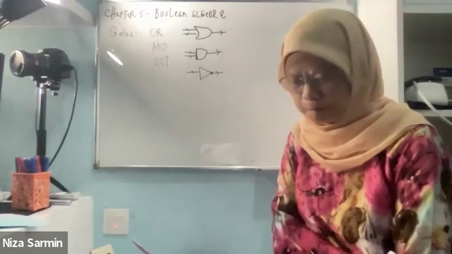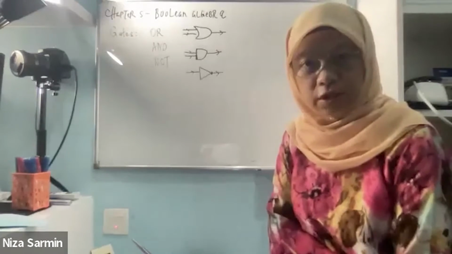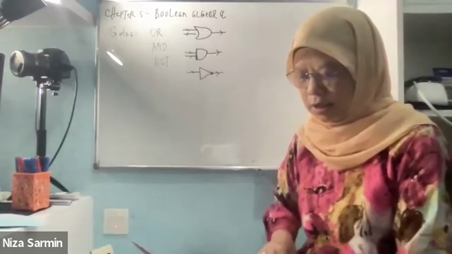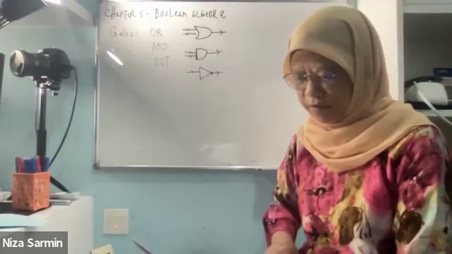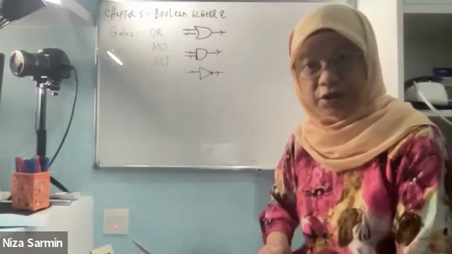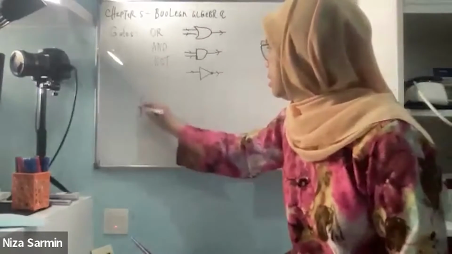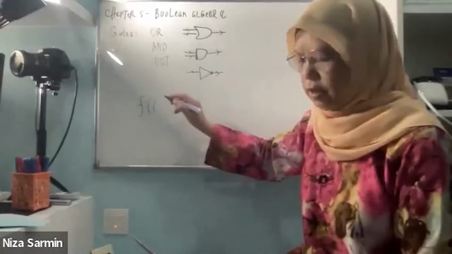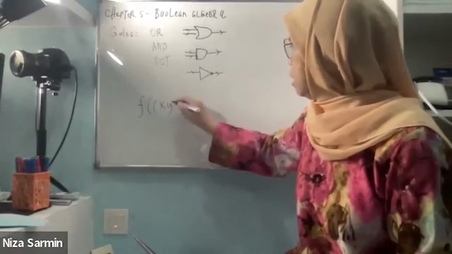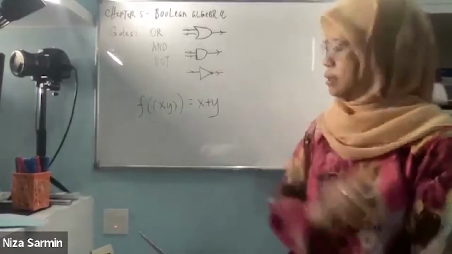Okay, and we also have the logic table. Okay, and then we also have the Boolean function. For example, we probably have this Boolean function like this.